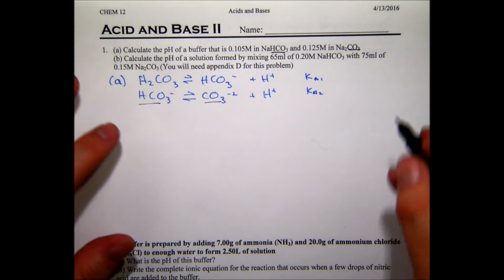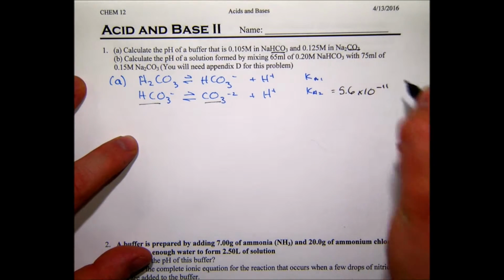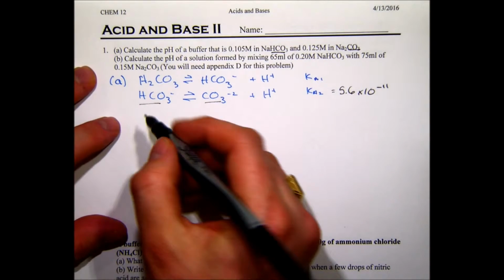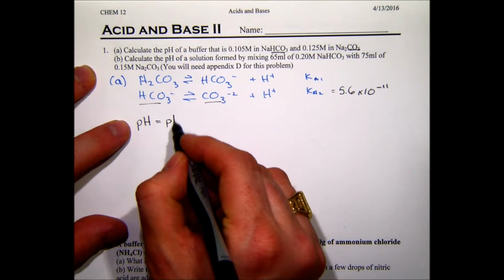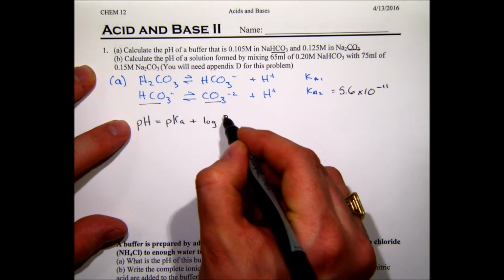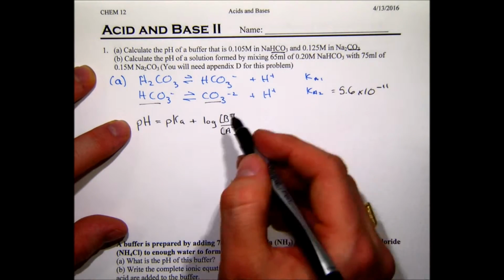which is 5.6 times 10 to the negative 11. And it doesn't really matter what Ka1 is because we're not really going to use it. We already have concentration, so we can jump in and use pH equals pKa plus the log of the concentration of the base over the concentration of the acid.